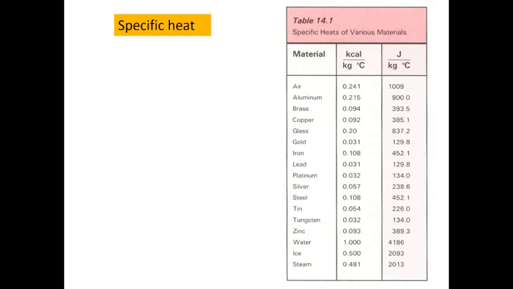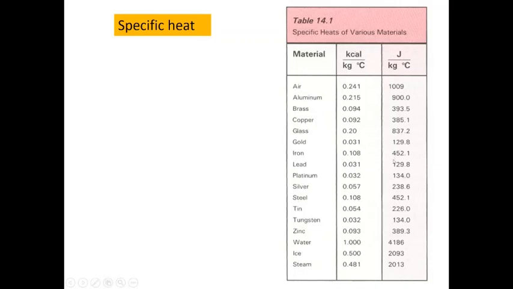And you can see that metals have smaller specific heats. Gold is 129, iron is 129, lead 129, platinum 134.